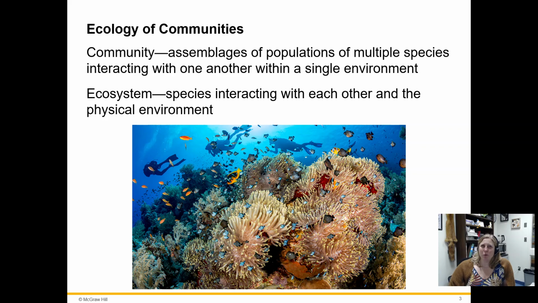So community interactions are something that we see on a regular basis and probably don't think about within the biological aspect. Okay. Ecosystems is the next level up from that because ecosystems also includes the physical environment. So if we're talking about how coral and coral reefs are bonded to rock, the physical environment would be the rock, and then the coral would be the living component, and then the fish living in the coral and having that relationship there is going to be the community component.